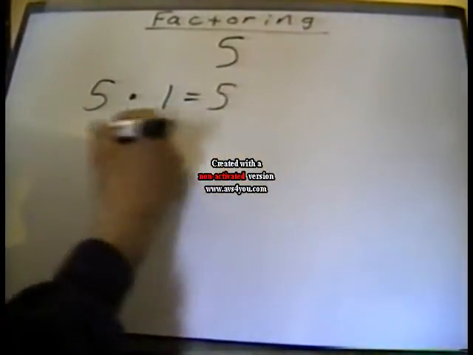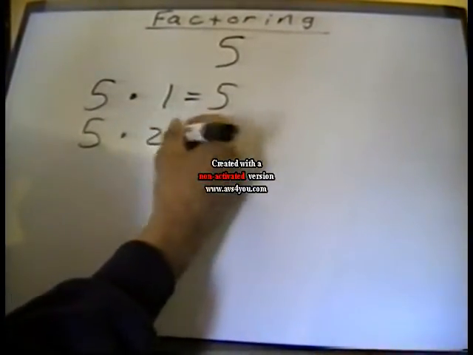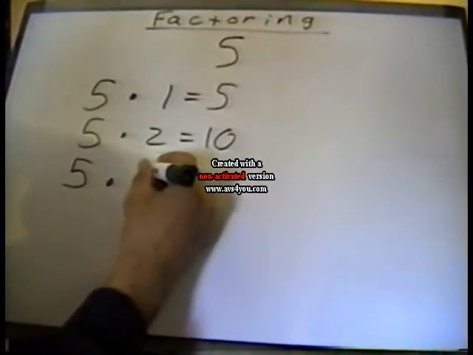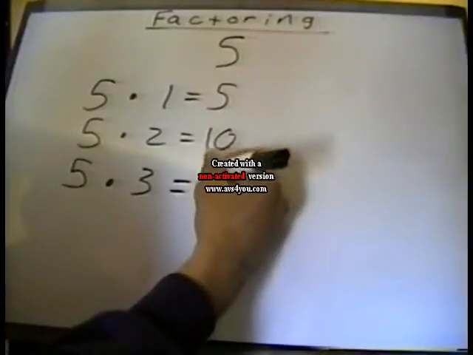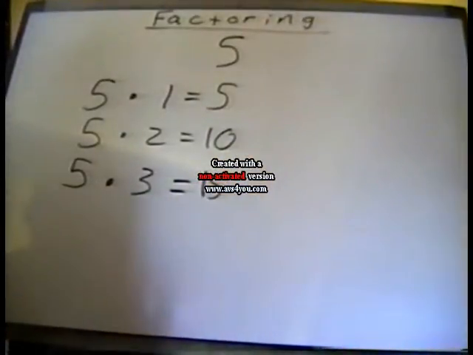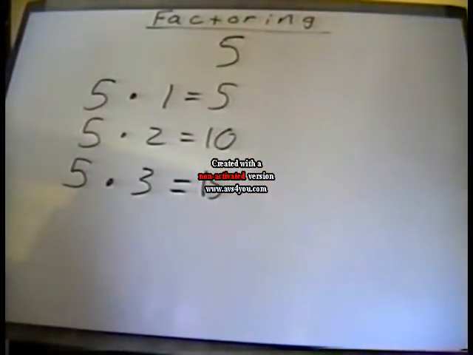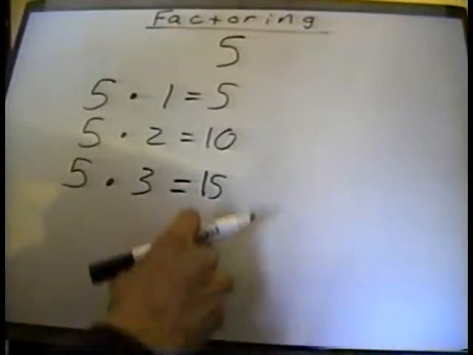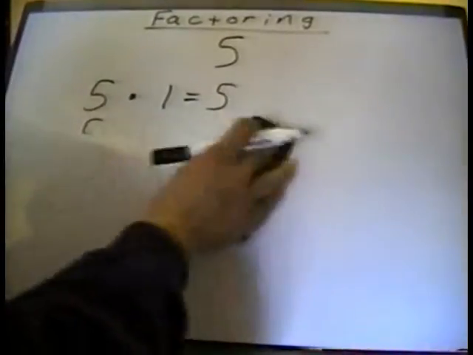We'll get to 5. Okay? Now 5 times 1 equals 5. 5 times 2 equals 10. 5 times 3 equals 15. Okay? Now 5, there was no other number.